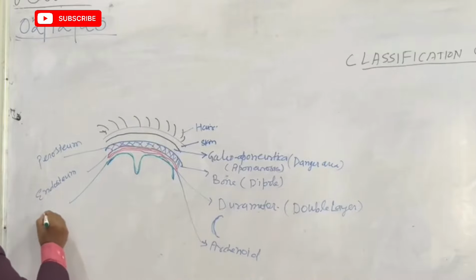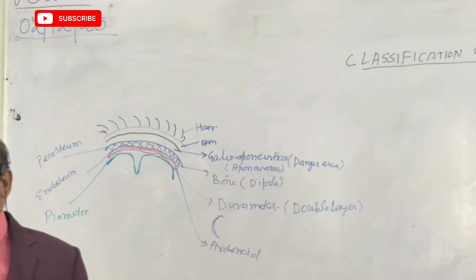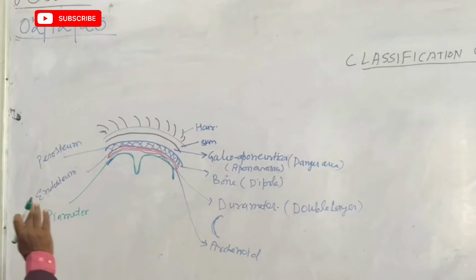This is called pia mater; some people say pia. Three layers: dura mater, arachnoid, and pia. These are the things.